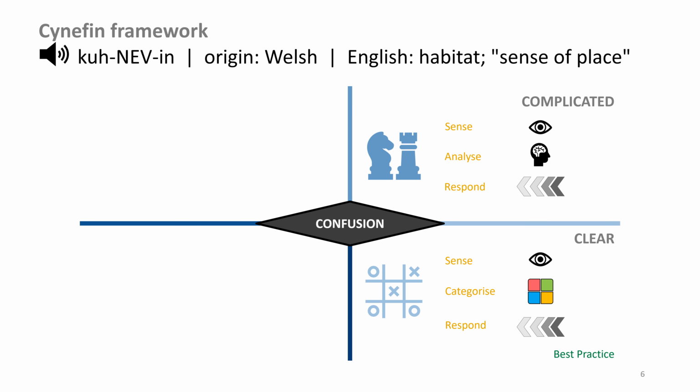For this, you need experience, knowledge, and then also good practice, which watchmakers apply. But maybe there are different ways to solve the problem. It is not as clear as it was with clear problems, but there are still good practices that can be applied.